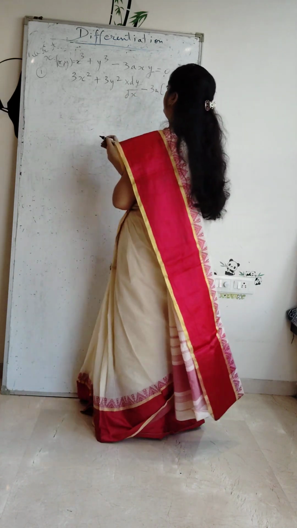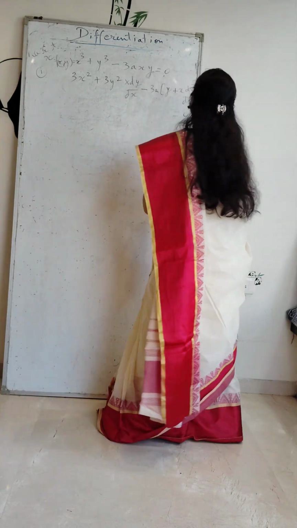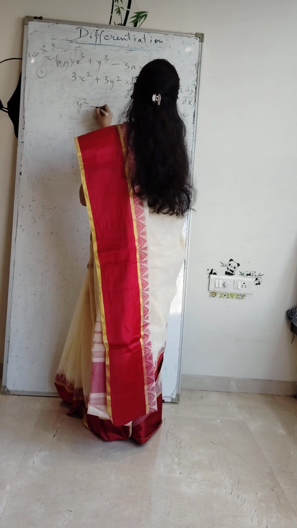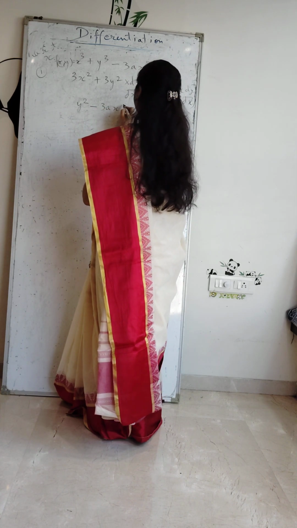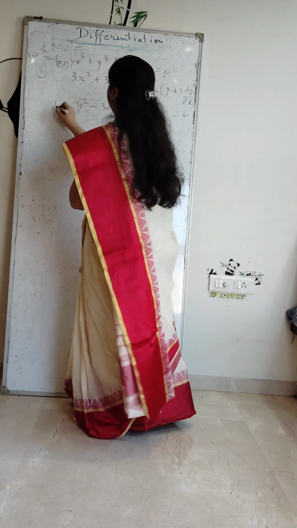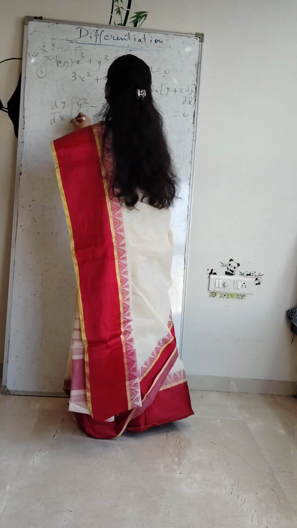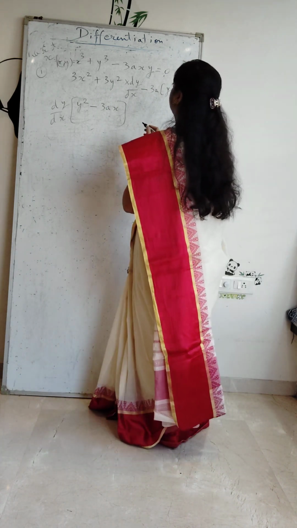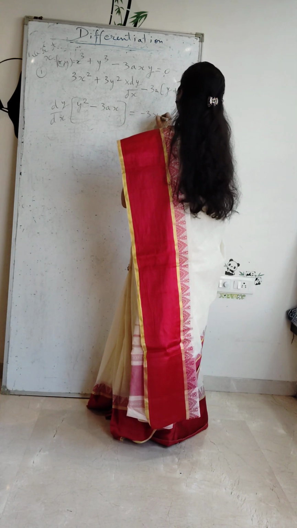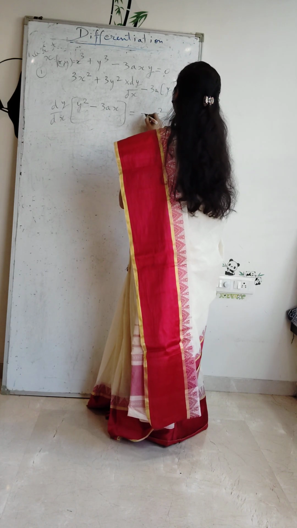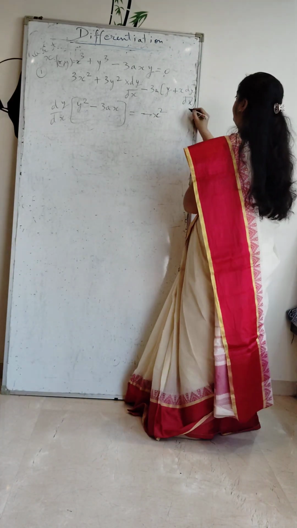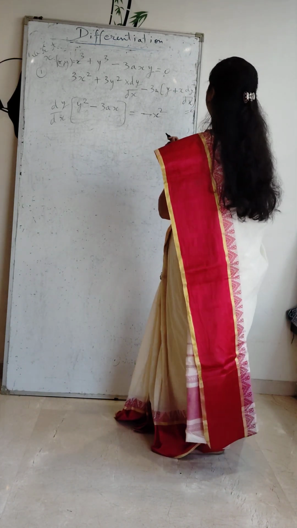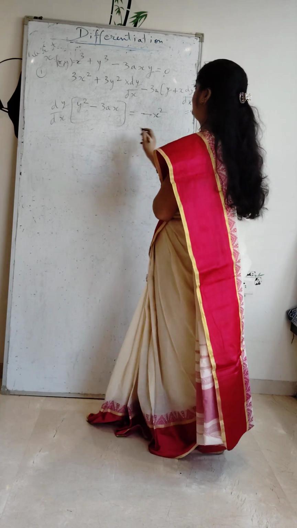Here 3 can be removed. So y square minus 3ax times dy by dx, and minus x square will go to the other side.